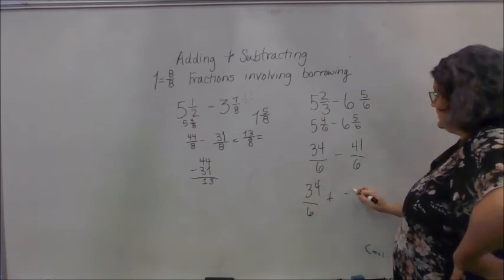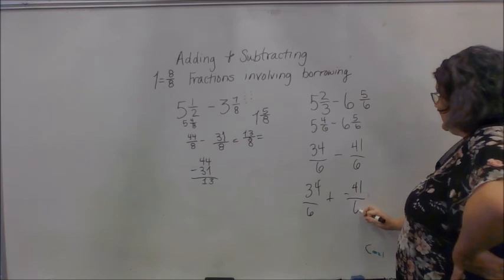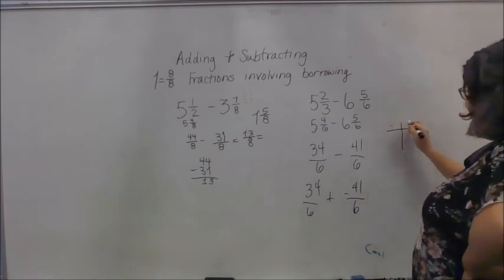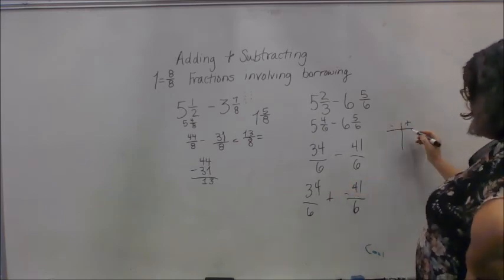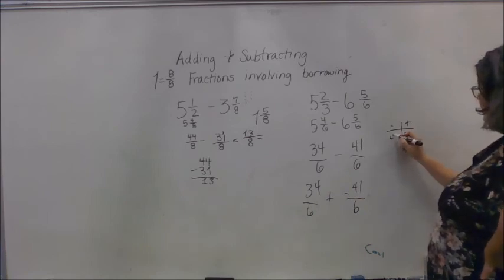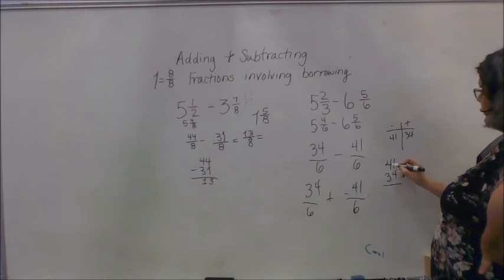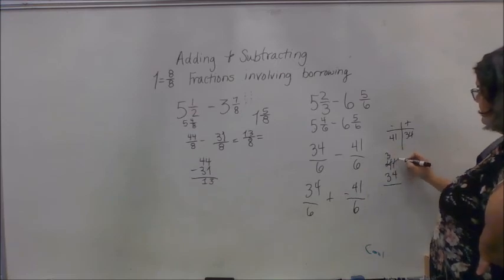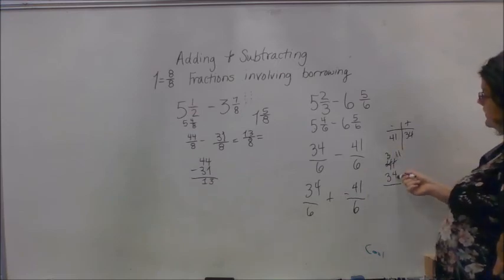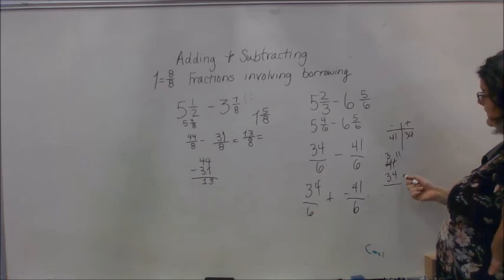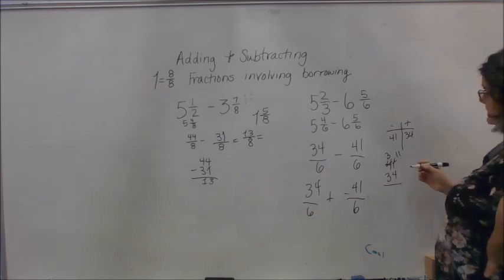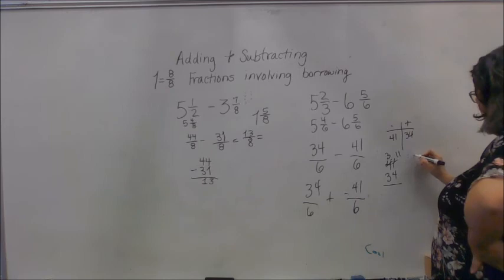change, additive inverse. Now the only things that have to go in our T-chart are the 34 is positive, the 41 is negative, so we know we're going to subtract those. We have to do all this borrowing. 4 to 11, so I can count that out. Let's 4, 5, 6, 7, 8, 9, 10, 11.